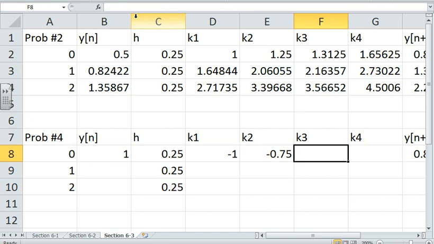Alright, and the next guy, K3. Okay, so it's the function.